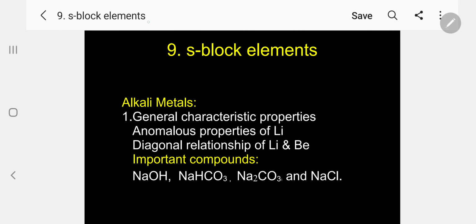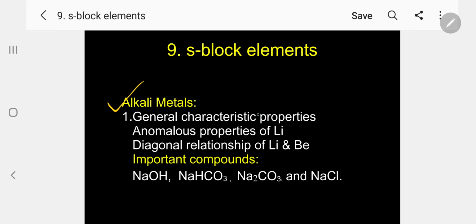See, under the S block elements, we have two groups, first group and second group. First group is called alkali metals. So what are the chapters you have to study under this?